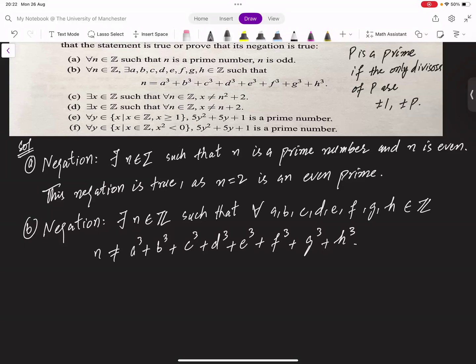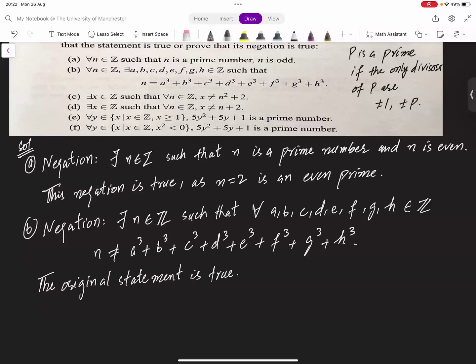Now the original statement is true. The original statement is true. And how do we do that? So to do that, let's write the original statement is true.